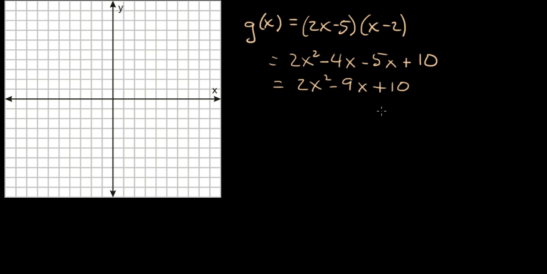And so yes, it's a quadratic function because it is in the form f of x equals ax squared plus bx plus c. It's in that form. And also, a is equal to 2, b is equal to negative 9, and c is equal to a positive 10.